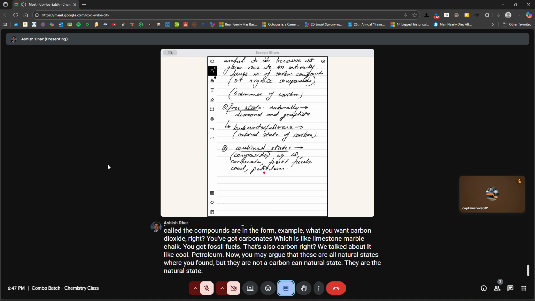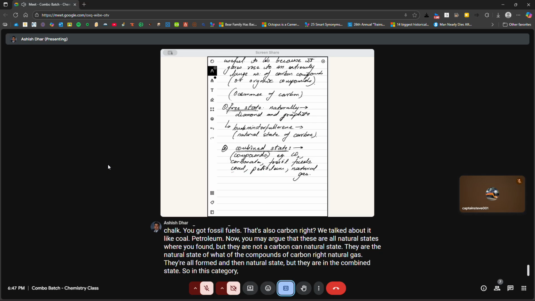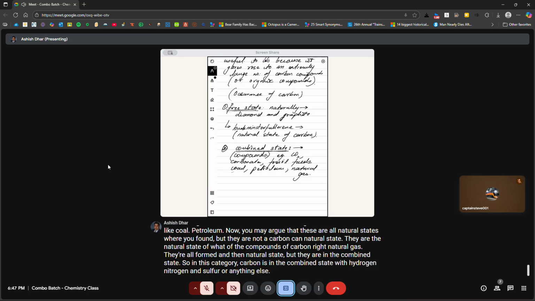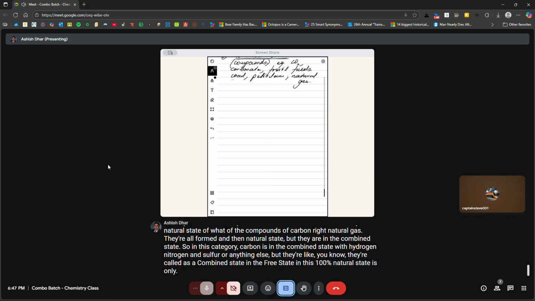They are the natural state of what? Of the compounds of carbon, right? Natural gas. They're all formed in the natural state, but they are in the combined state. So in this category, carbon is in the combined state with hydrogen, nitrogen, or sulfur or anything else. In the free state, in this 100% natural state, it's only in graphite and diamond. Correct?